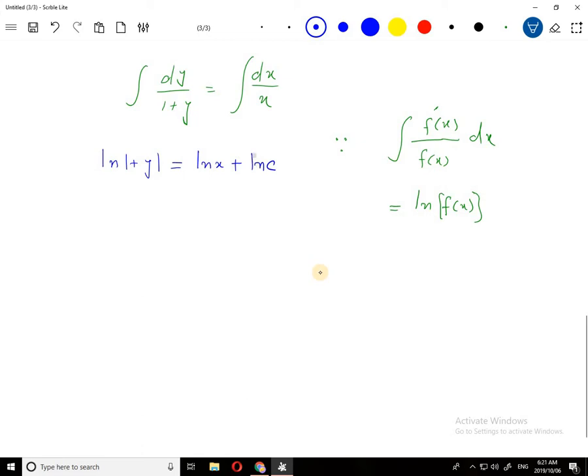So by the property of logarithm, I can write these two as cx, and here I have log of 1 plus y.